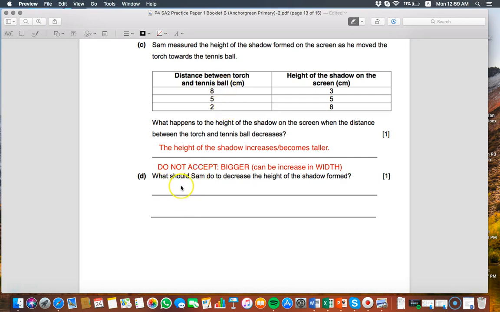So he should increase the distance between the torch and the ball. This is based on the table.